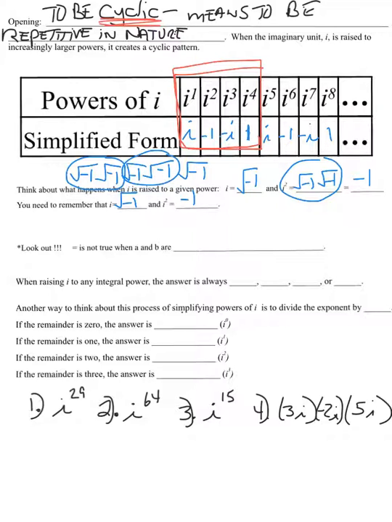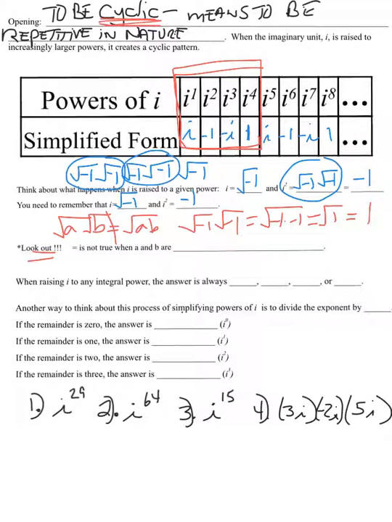Now, you've got to watch out for something here. You've got to watch out for the square root of a times the square root of b. A lot of people say, oh, I've got a square root of -1 times a square root of -1, I can put them under the radical and say that's equal to the square root of ab. Well, no, not necessarily in this case. Don't go thinking that automatically, because a lot of people do that, and here's a perfect example. If I had the square root of -1 times the square root of -1, and you say, oh, that's equal to the square root of -1 times -1, which is the square root of 1, which is 1, that's a no-no.